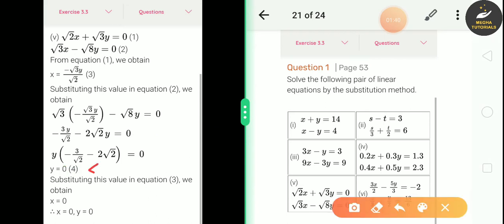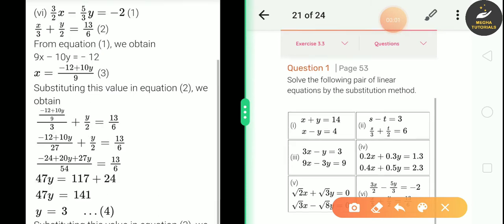Therefore we can write y is equal to 0. Substitute this value in the equation 3. So we'll get x is equal to minus root 3 upon root 2 into 0. Anything multiplied with 0 is 0. Therefore x is also 0. So values of x and y are 0, 0. This is the final answer.